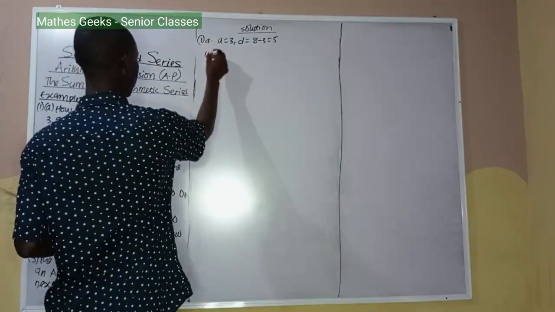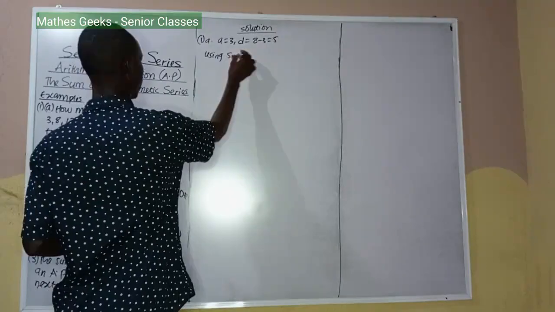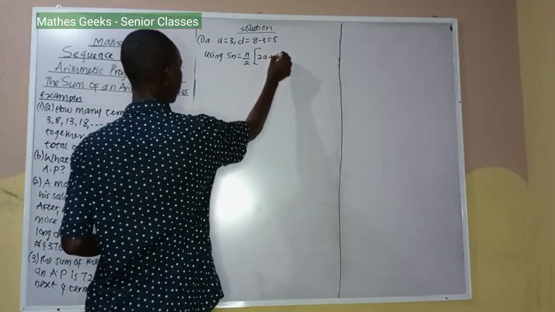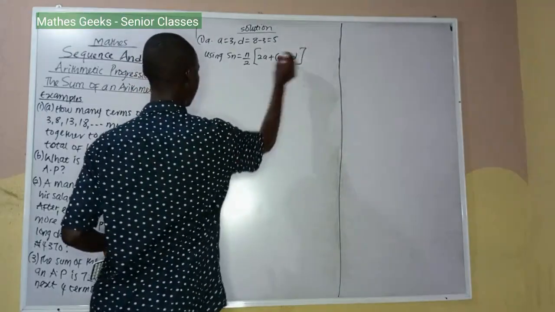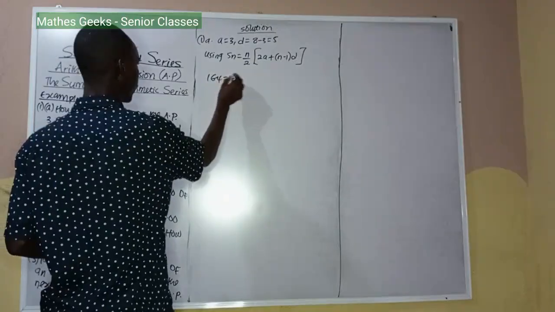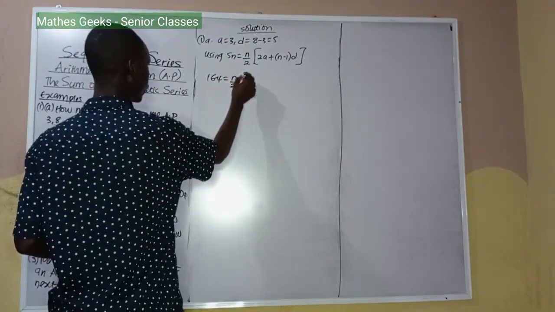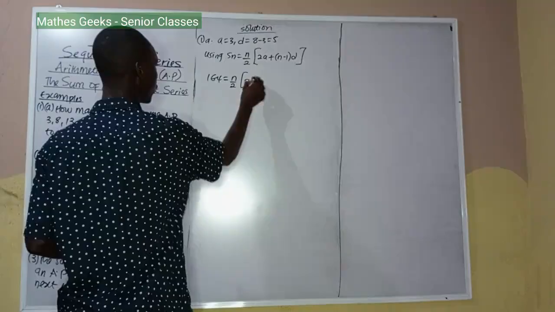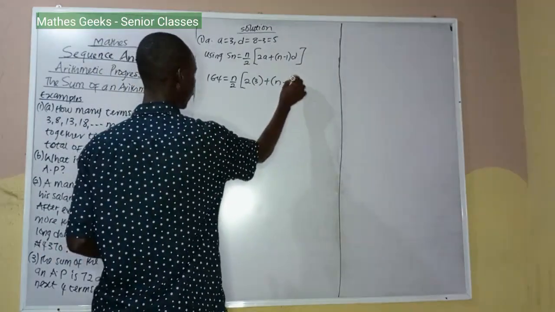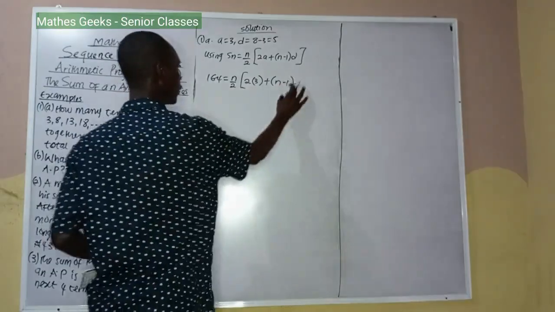So using Sn is equal to n over 2 times 2a plus n minus 1 d, where Sn is 164, 2 times 3 plus n minus 1 times d, d is 5.